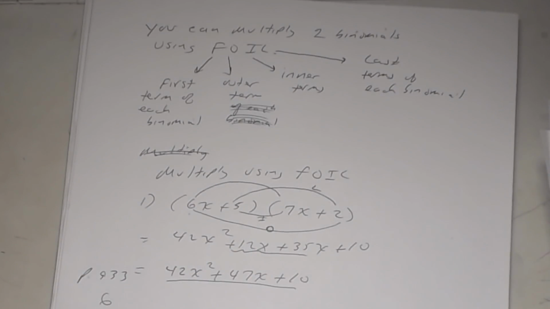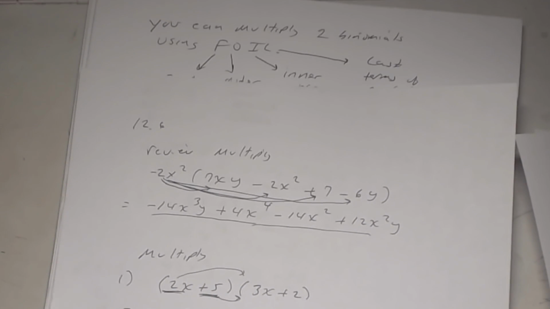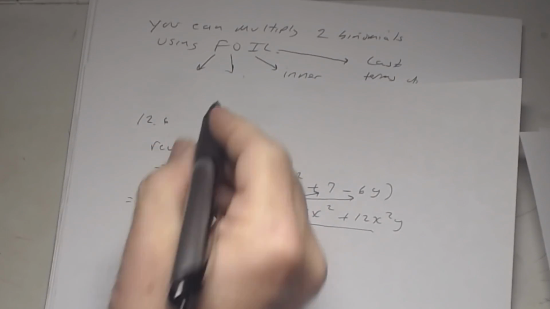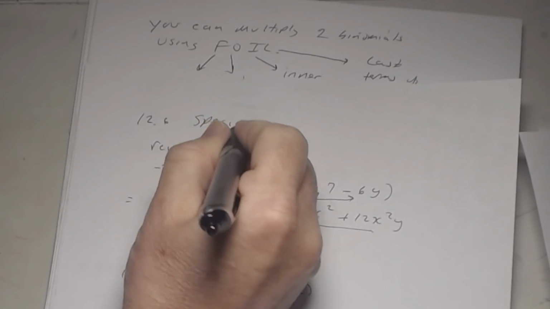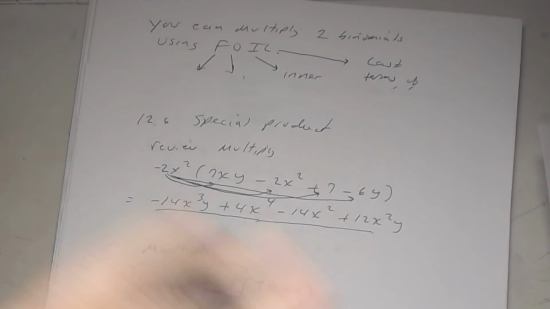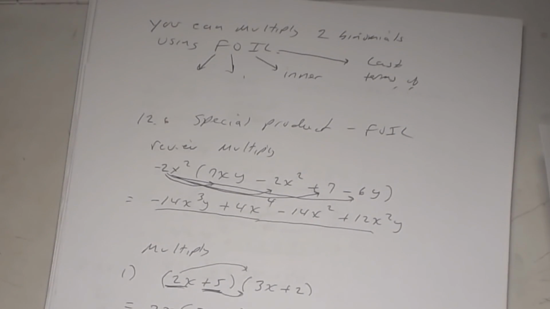And the title, remember I said I was going to take the title off for the moment? The title is Special Products. What we're doing here, though, the special product is the FOIL method. So the FOIL.